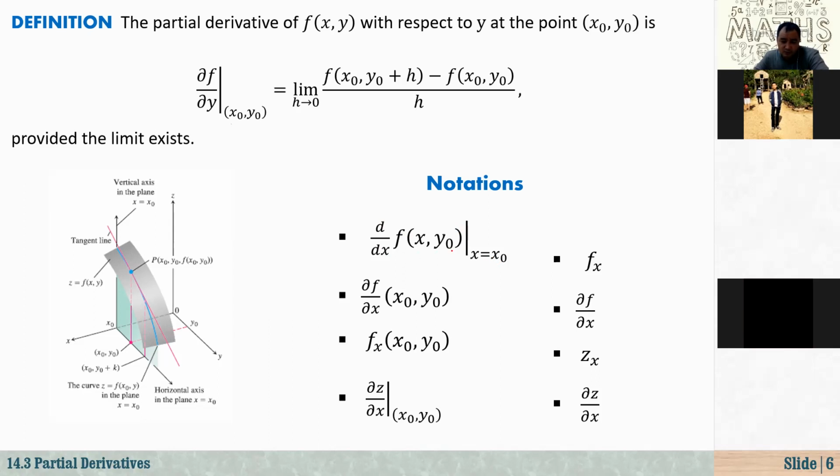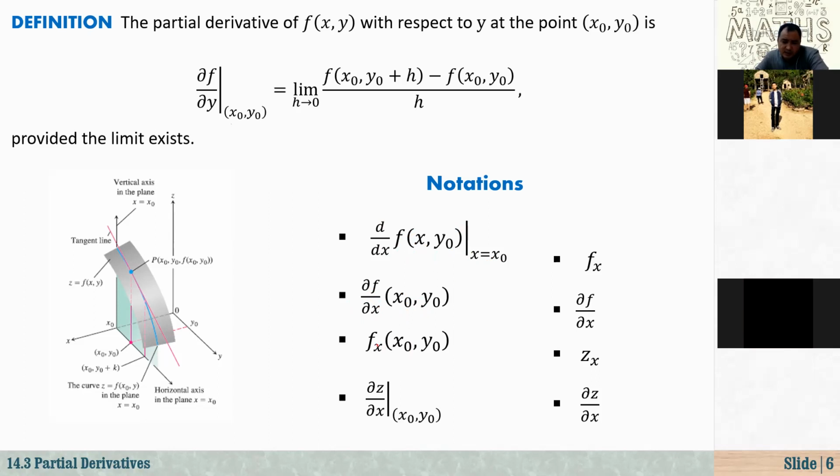Or we are using the del notation, del f del x at x sub 0, y sub 0, which means the partial derivative of f with respect to x. Of course, they mean the same thing depending on the context. We can just use these notations interchangeably.